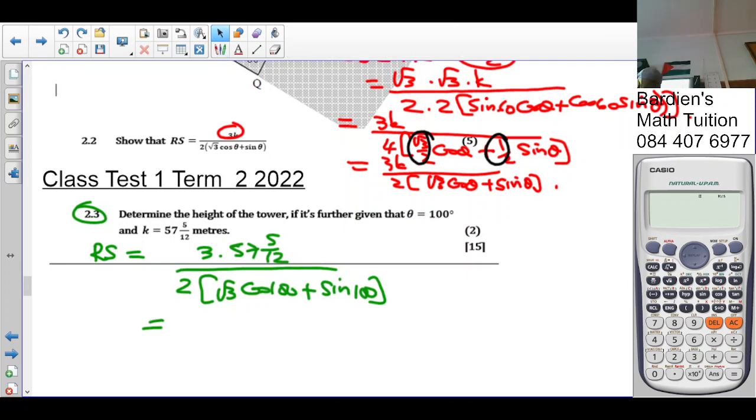That's now going to give us as a fraction 3 times 57 and 5/12 over 2 open brackets the root of 3 cos 100 plus sine 100.